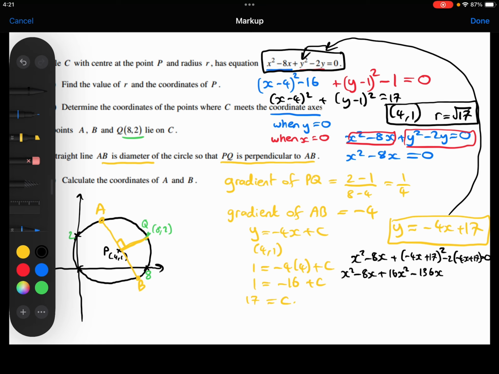The 17 squared is 289. Then we've got the minus 2 times the -4x, so we'll have a plus 8x. And the -2 times the 17 is -34. And all of that is going to equal 0.